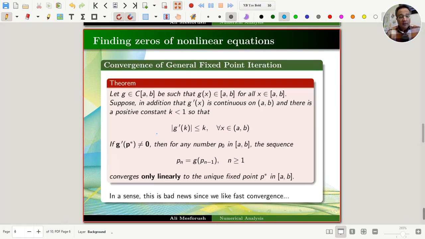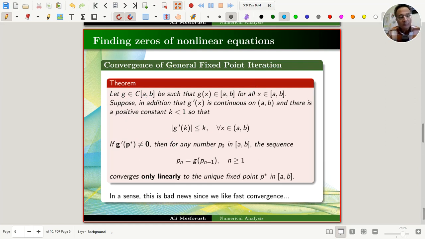But we have a very important theorem, and the first part of the theorem has been proved in the previous lectures. Let me repeat some parts of the theorem. In fact, we want to find the rate of convergence of fixed point iteration, and we want to show that the rate of convergence for the fixed point method is 1.